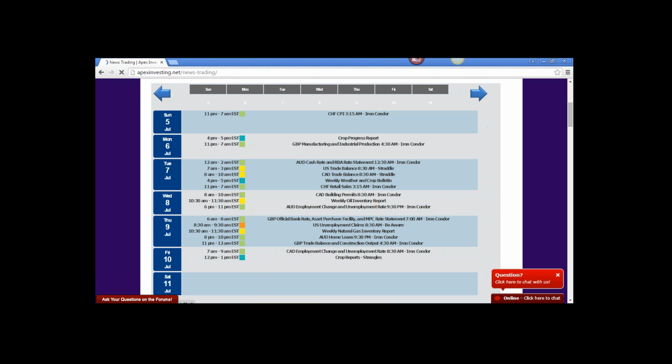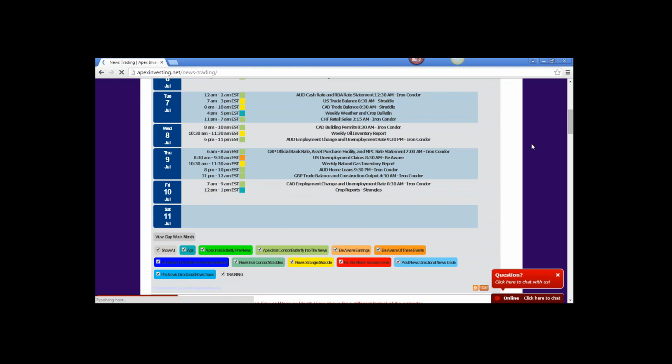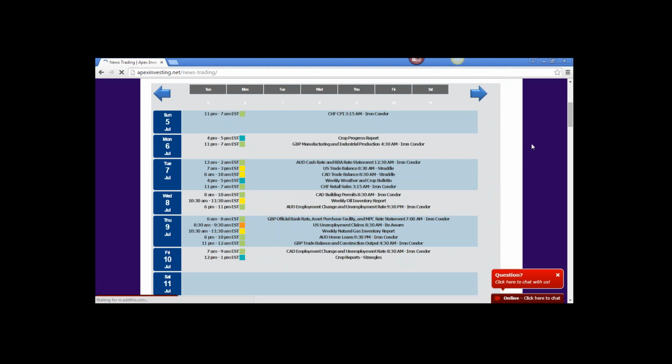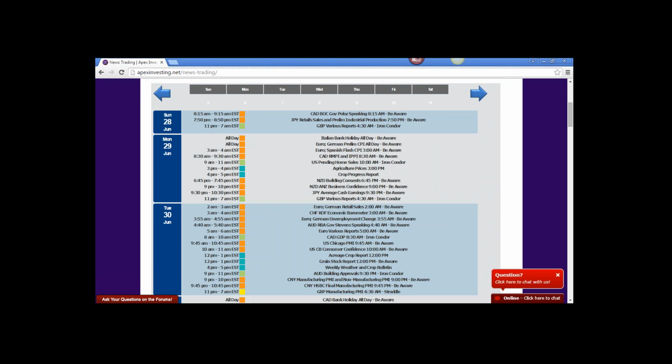This calendar, this week, for example, shows you, now this is not every single news event going on in the world, obviously. Like last week, there was a bunch of news. Some weeks are heavier than others. But these are the main news events that we think you need to be aware of that have a potential or historical, have a history of having an effect on the market.